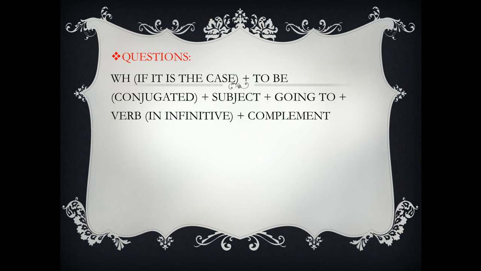Okay, we got the questions here. WH if it is the case. We got WH questions, yes/no questions, depending on the case. So WH if it is the case, to be conjugated, subject, going to, verb in infinitive, and complement. Example. Okay, in this question here, we are using a WH, right?